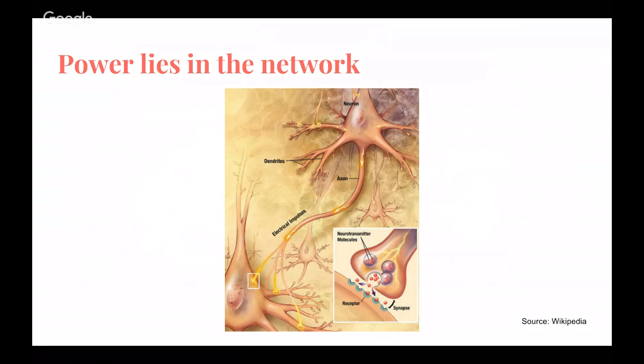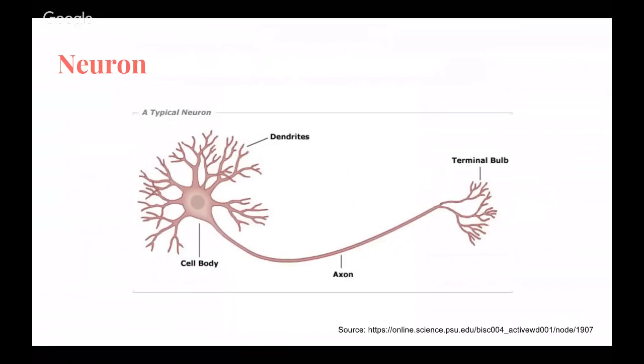A brain has billions and billions of neurons all connected together, and that's what makes it so powerful. How it works: the dendrites of one neuron are connected with the axon of another neuron. So the data is passed from the dendrites to the axon, and is passed further in the network. So this is the basics of a neuron.